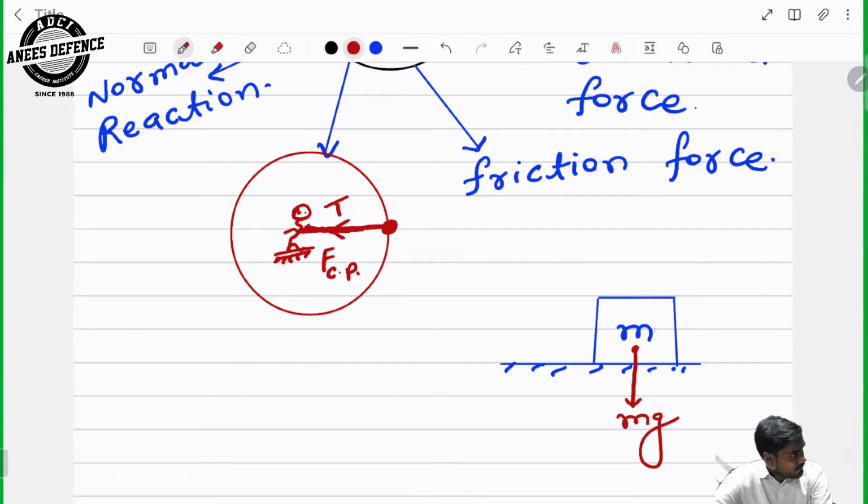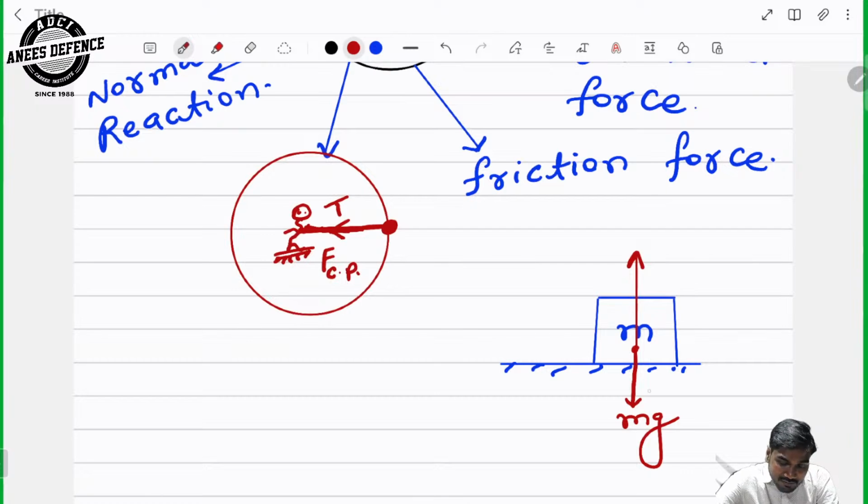That object should go inside the earth, but in real life that is not happening. So another force is acting opposite to the vertically downward force.